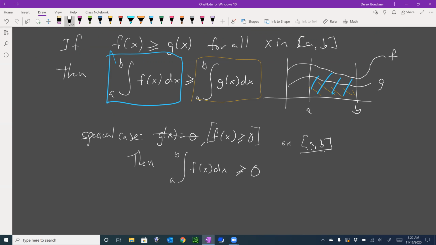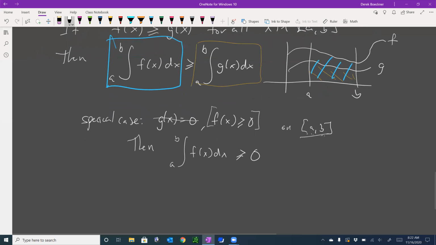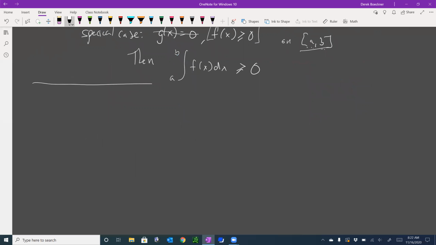Okay, that's the 311 table. We're going to use those things to find areas under curves here. And we're going to have a couple of special cases that we've already proven, basically.